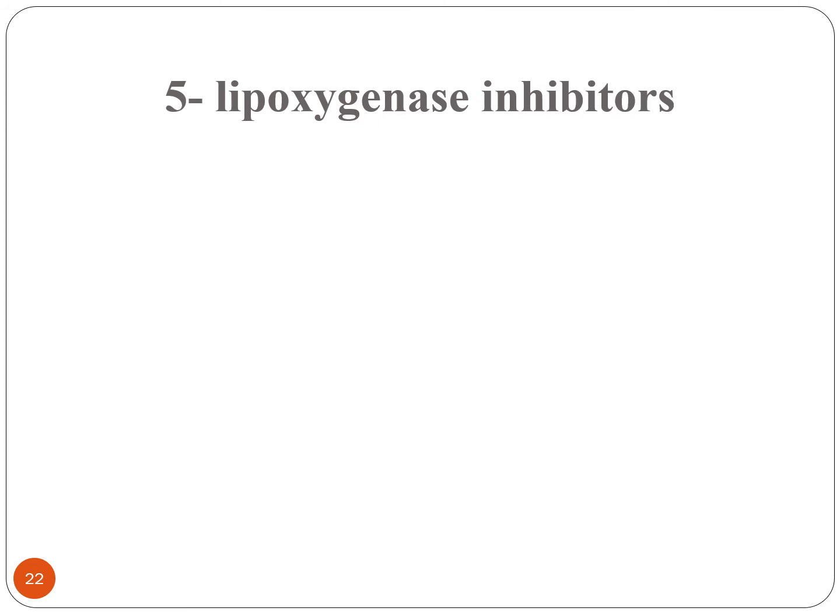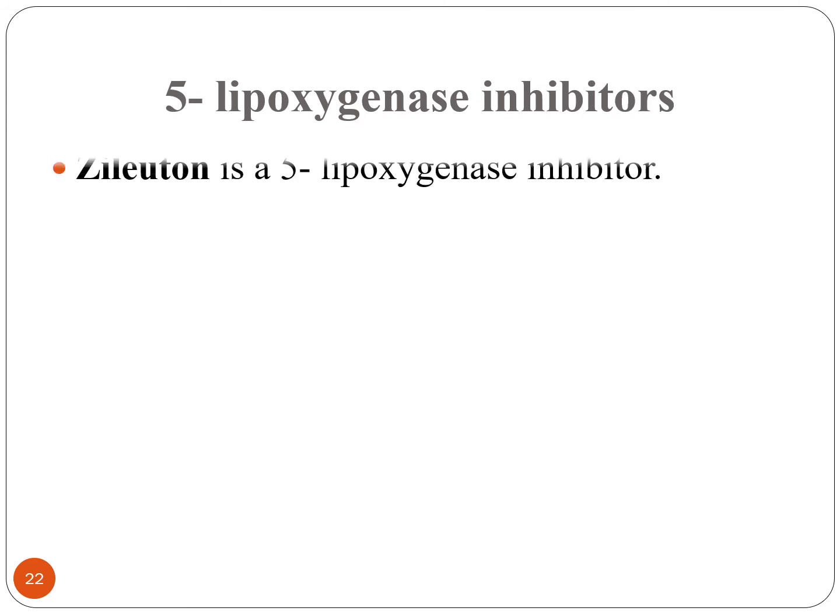These include the eicosanoids, prostanoids, prostaglandins, thromboxanes, and the different types of leukotrienes. All of these are derived from arachidonic acid. From arachidonic acid, the enzyme 5-lipoxygenase synthesizes the leukotrienes. So for inhibition of this enzyme, we have a drug called zileuton. Zileuton is the 5-lipoxygenase inhibitor, so it can inhibit the synthesis of leukotrienes from arachidonic acid.